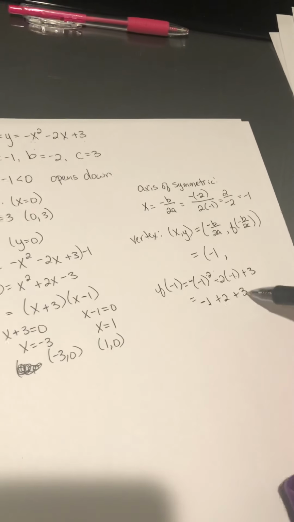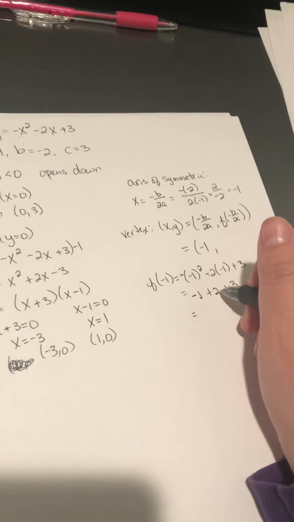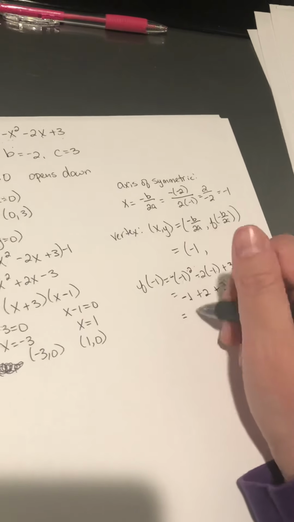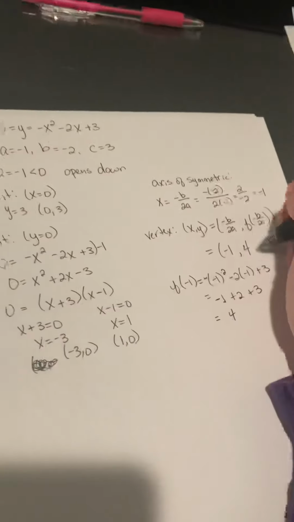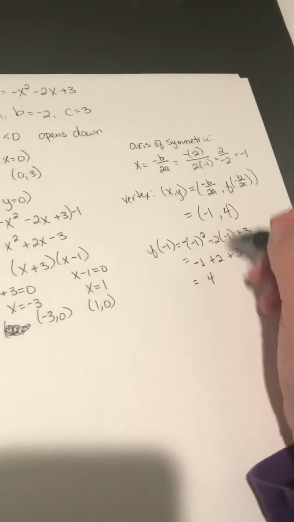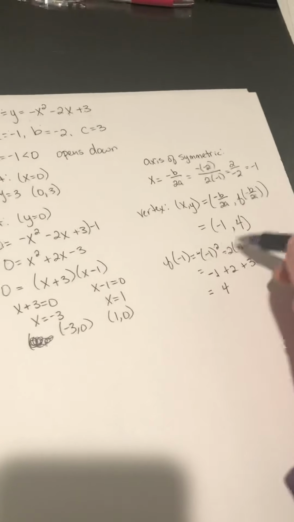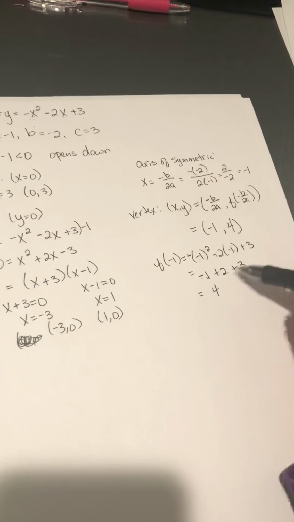And now I'm okay, right? So now negative 1 plus 2 is 1, plus 3 is 4. Sorry, I forgot my negative was out here on the x squared. Negatives can be tricky. Sometimes you forget about them or lose them. Anyways, sorry about that. So the negative's on the outside, so keep it negative. So negative 1 plus 2 plus 3 is 4.